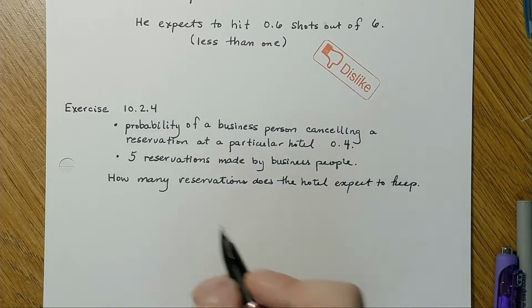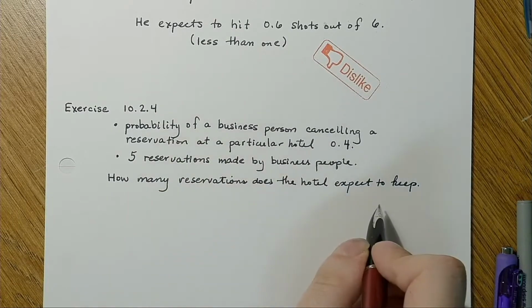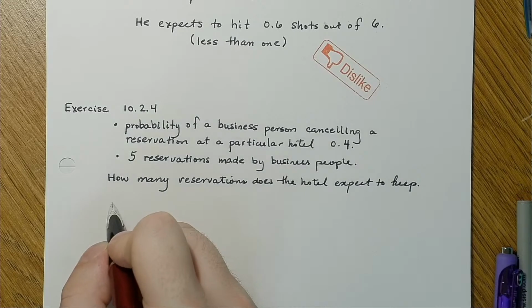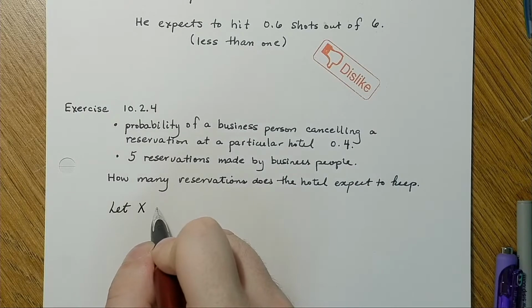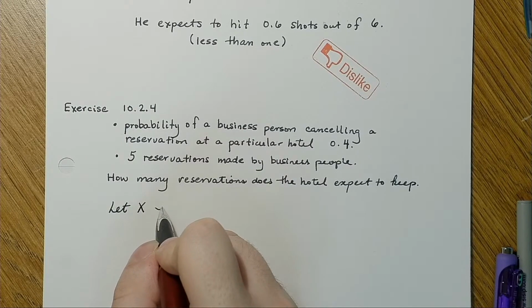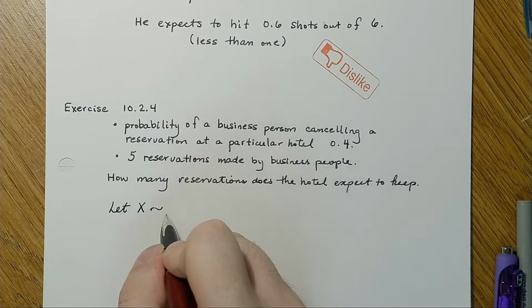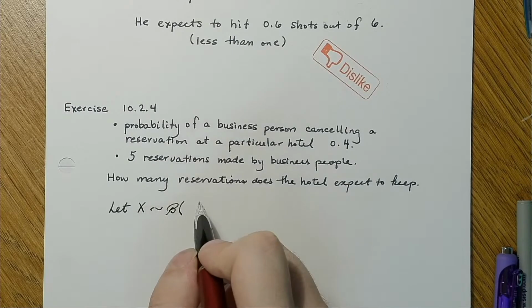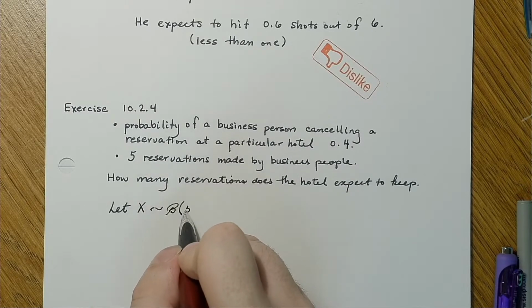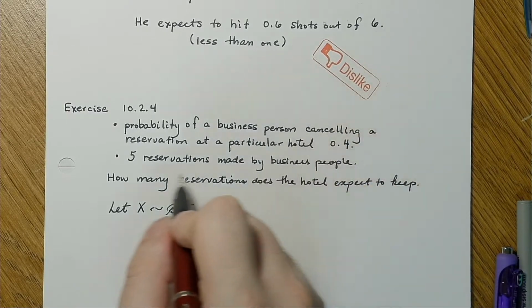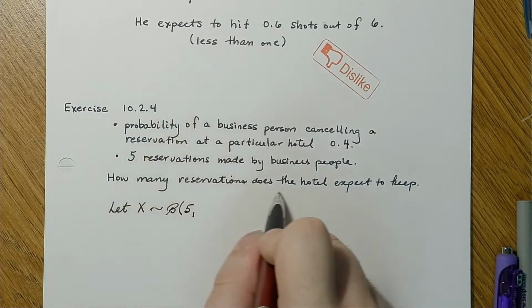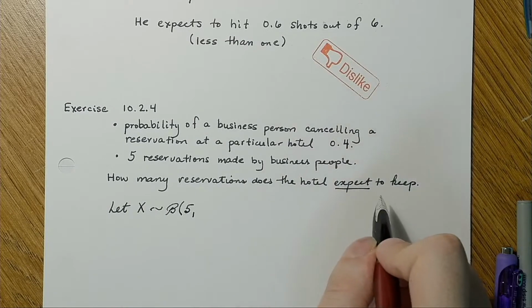Okay, so again, from the hotel's perspective, we could model this using a binomial distribution. Let x be a binomial distribution, so we'll say it's a b, and there are 5 reservations. In this case, how many reservations does the hotel expect to keep?